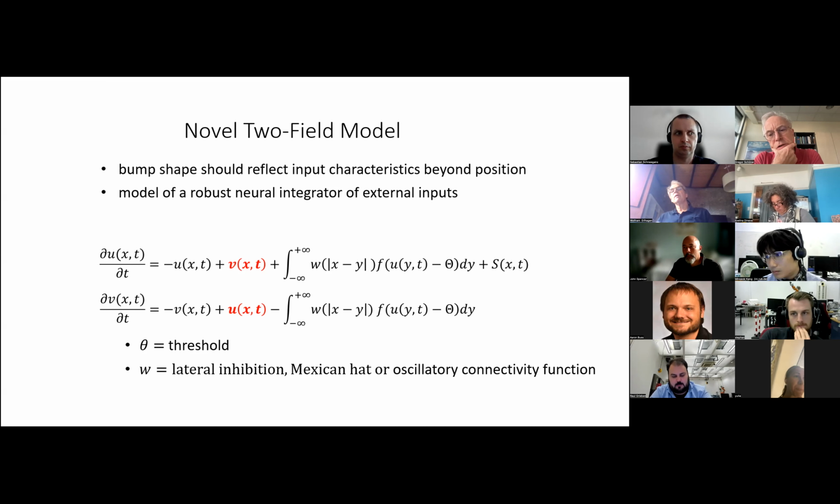Yeah, we need some local balance of excitation and inhibition, not just on the bump boundaries, to stabilize, let's say, a persistent activity at different levels. And this is what you find in the data. It's not a stereotyped bump, which has no signatures at all of the input which has driven the activation.